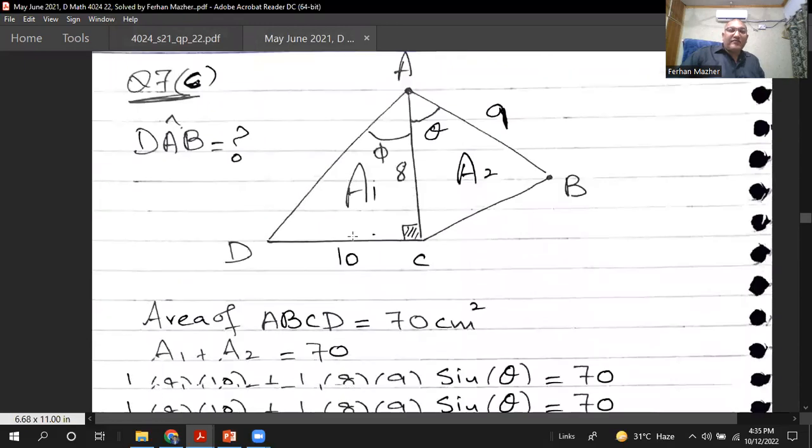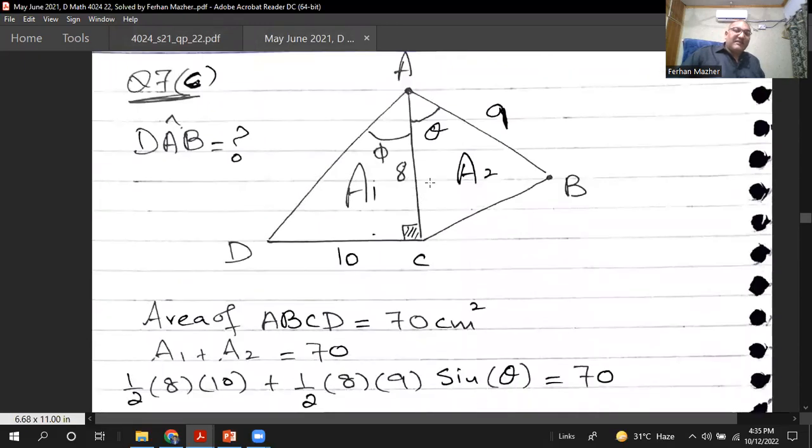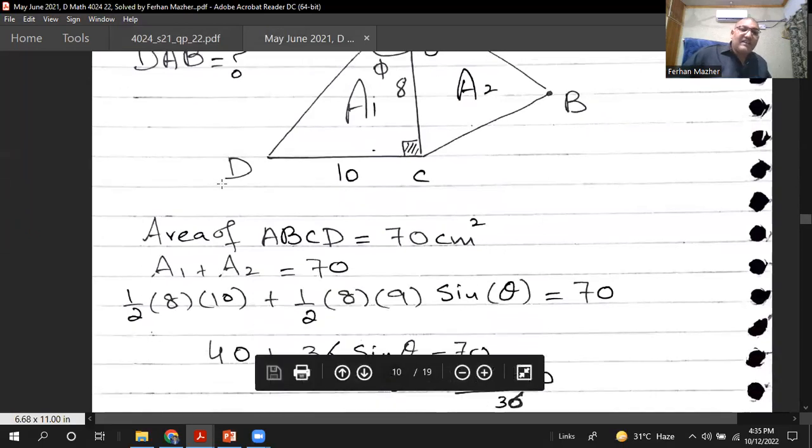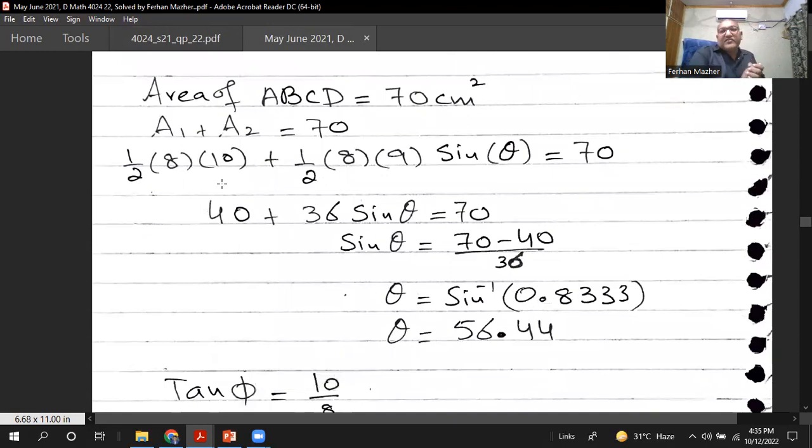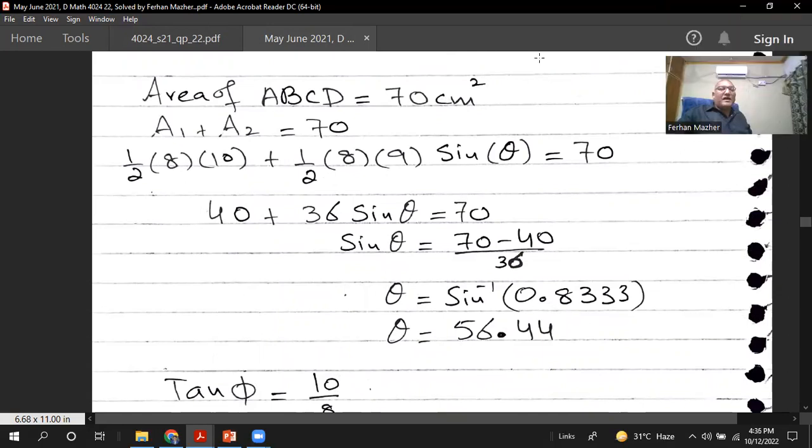Let me say this is area 1, this is area 2. The area of the whole thing is given, that is 70. The area 1 will be, it's a right angle triangle, so it will be 1 by 2 into 8 into 10 plus 1 by 2 into 8 into 9 into sine of theta.